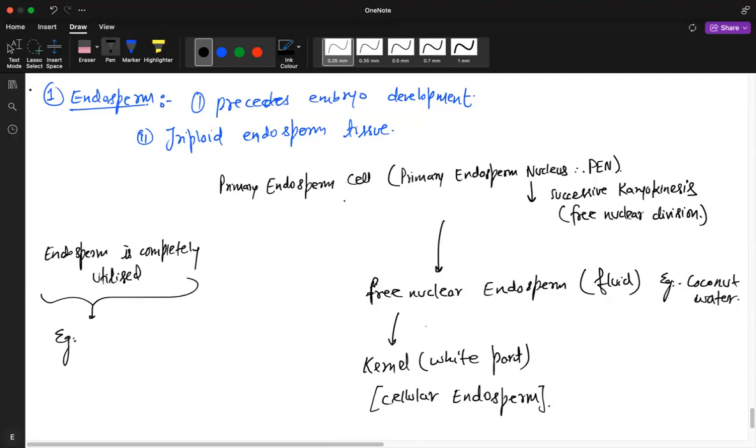And examples are, you must have seen beans. All the beans use up the endosperm.